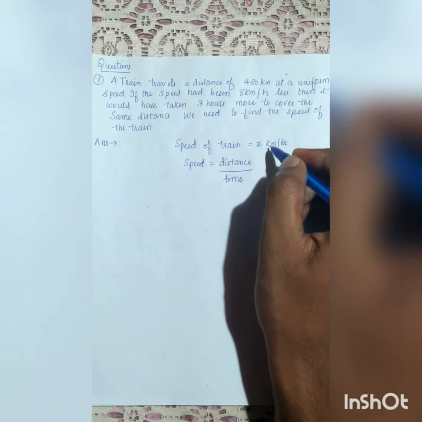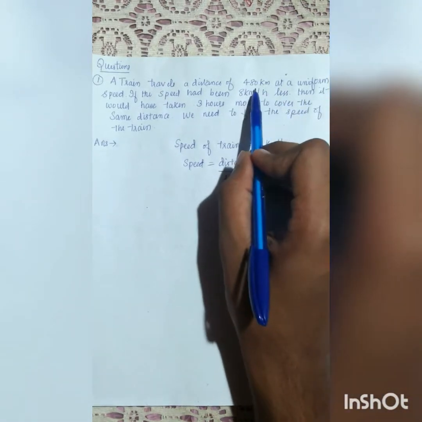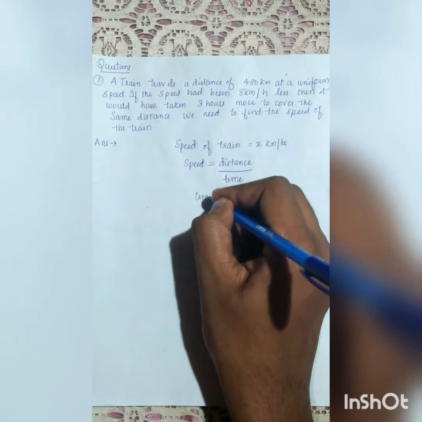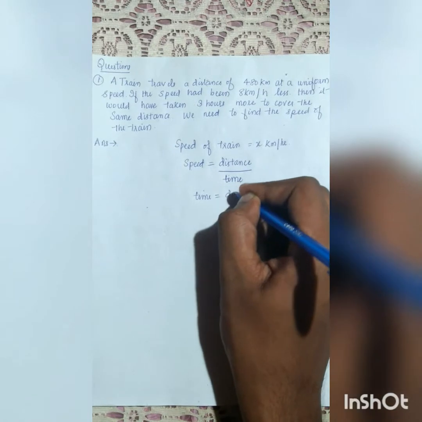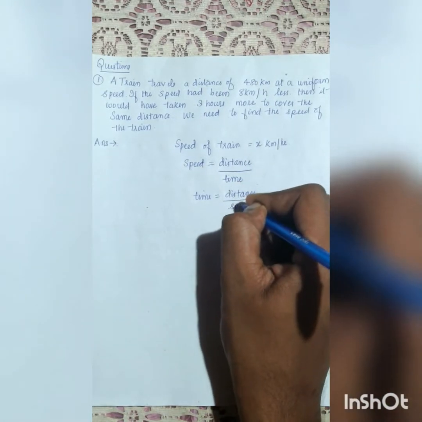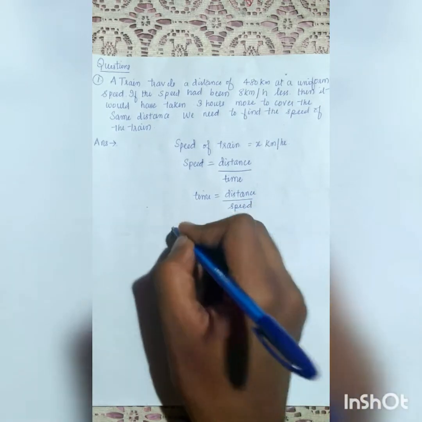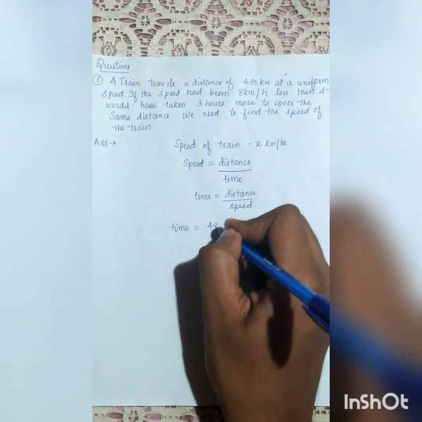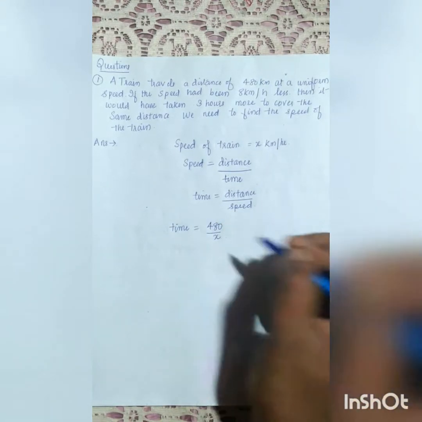So if the speed of the train is x, and the distance to be covered is 480 kilometers, we can find the time as distance upon speed. So the time for the journey is 480 upon x.